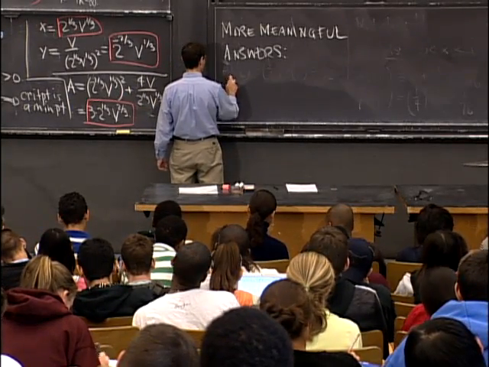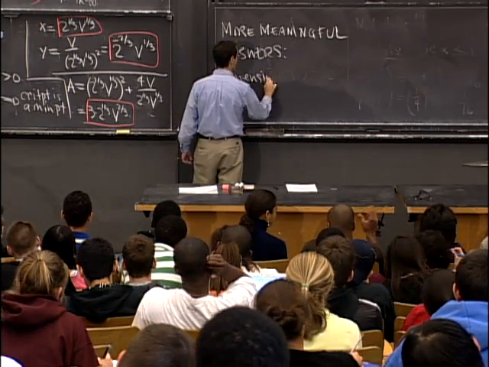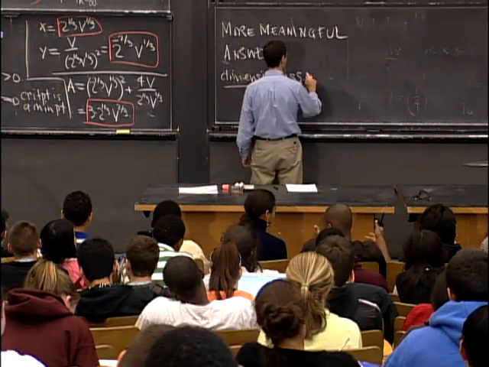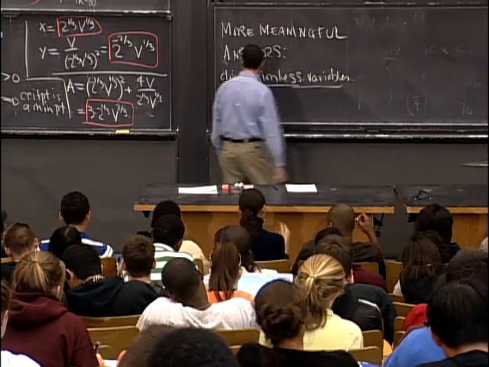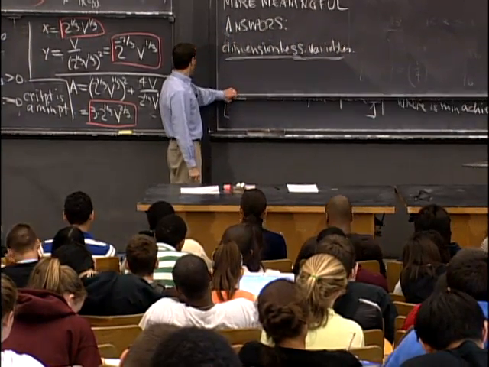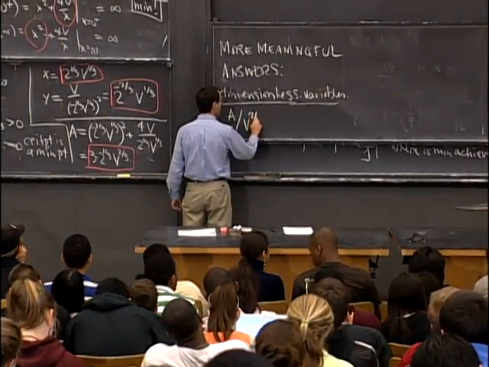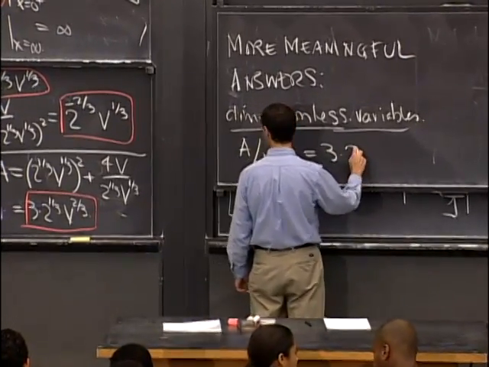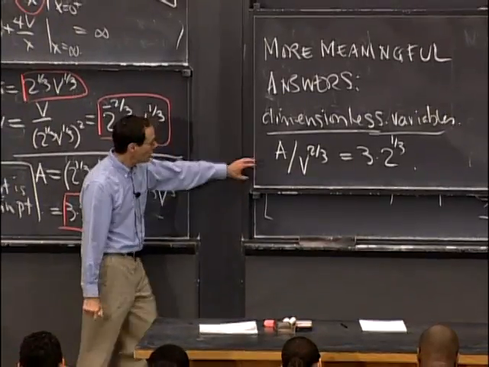Simply, they're what are known as dimensionless variables. So the first thing that you notice is the scaling law, that a divided by v to the 2/3 is the thing that's a dimensionless quantity. That happens to be 3 times 2 to the 1/3. Okay? So that's one thing.